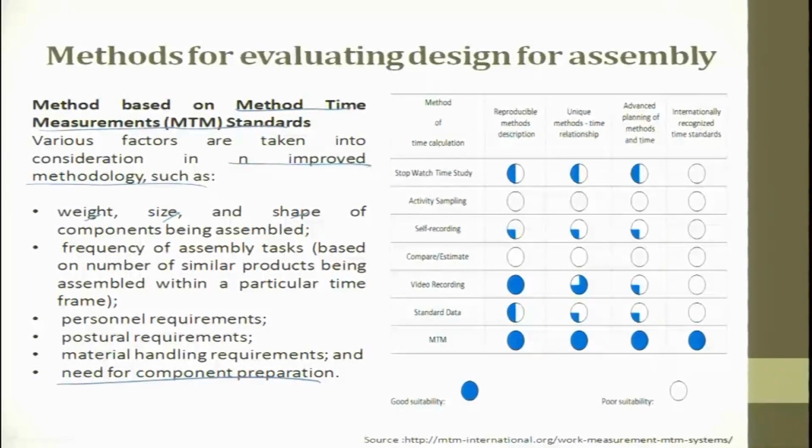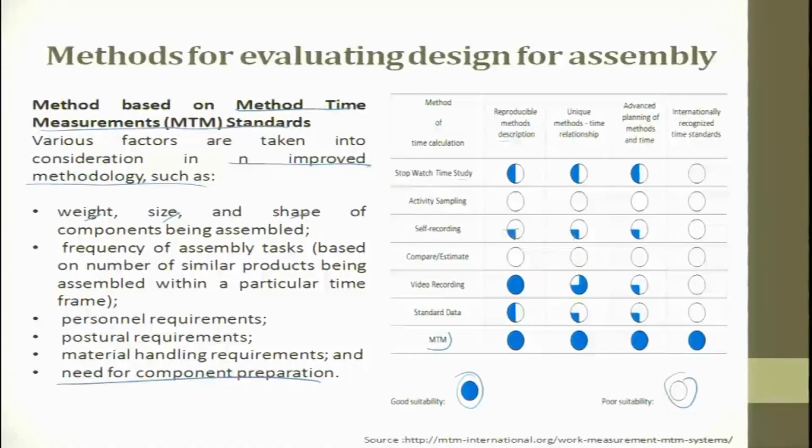So, method for time calculation: stopwatch time study, the reproducibility method description, this shows good suitability, this shows poor suitability, it is 50-50. Then unique method time relationship, it is also 50-50. Advanced planning of method and time, stopwatch time study method is also 50-50. When you look at self recording, it is only 1/4, and self-recording unique method time relationship is only 25%. Okay.